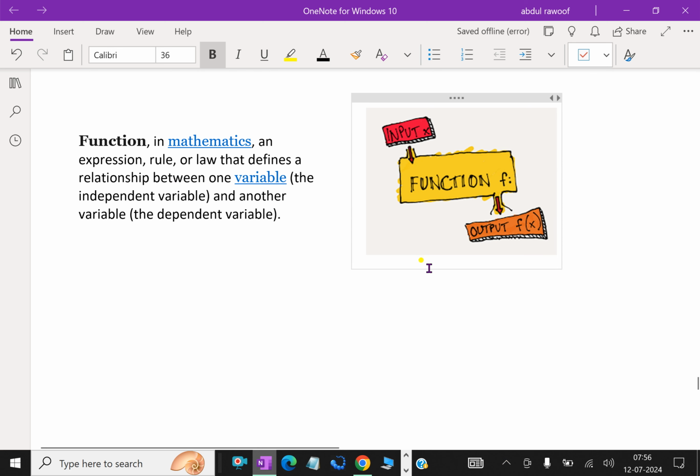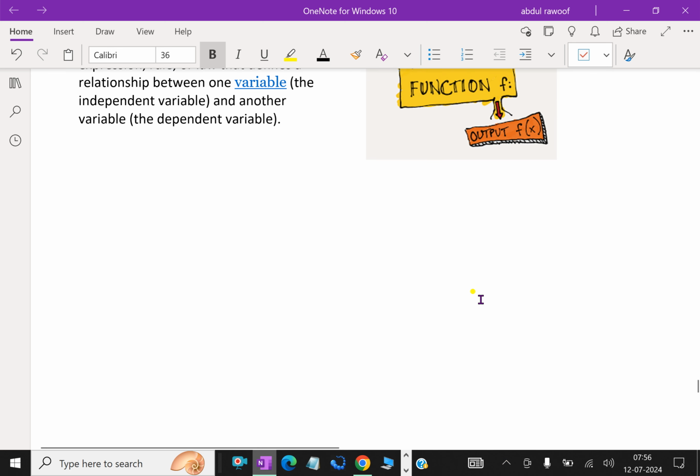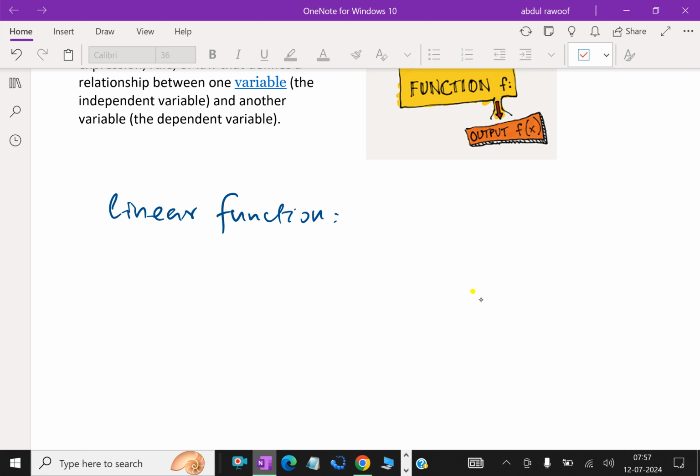Now, functions have a lot of types. First, the linear function. Linear function: f of x equals mx plus b. Here, linear means x has the power 1.